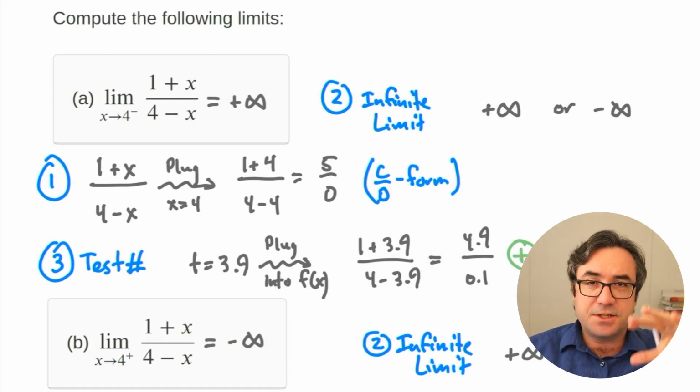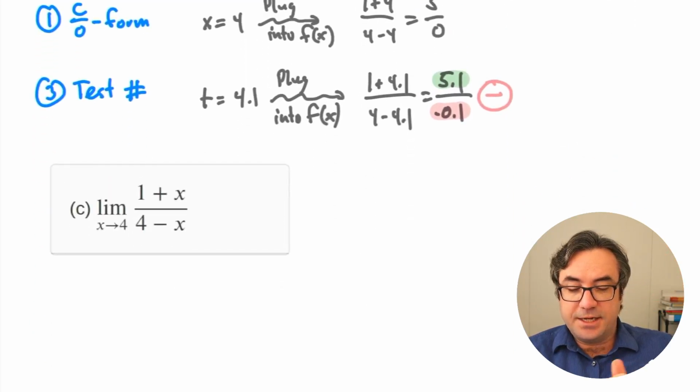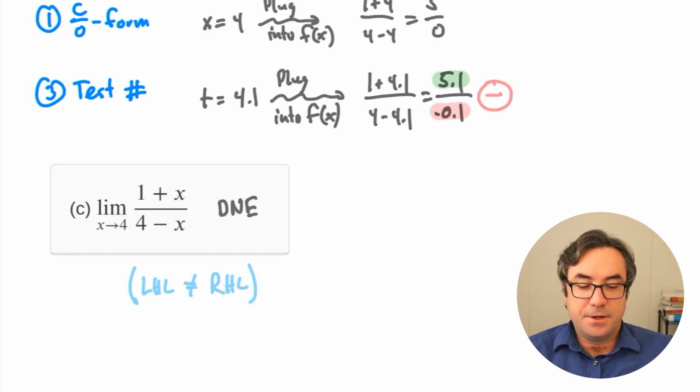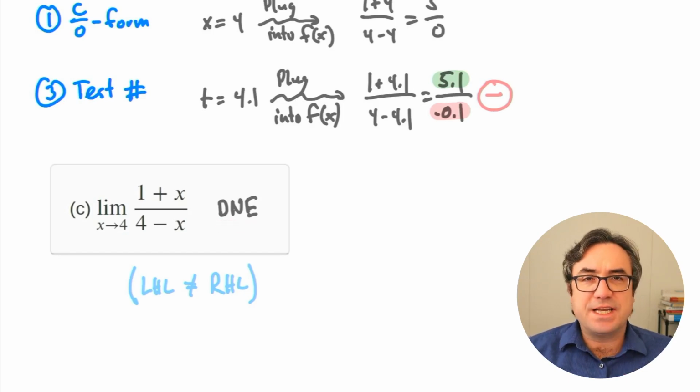So because these are going in two different directions, in our case here, we say that the limit does not exist. And we can just say the left-hand behavior does not equal the right-hand behavior. So because the two different sides of our function are going in different directions, we just say DNE.